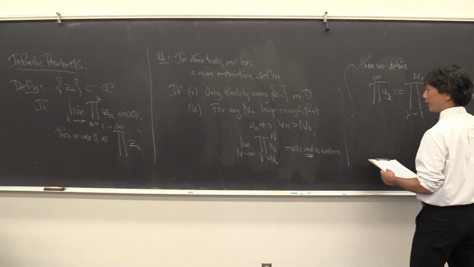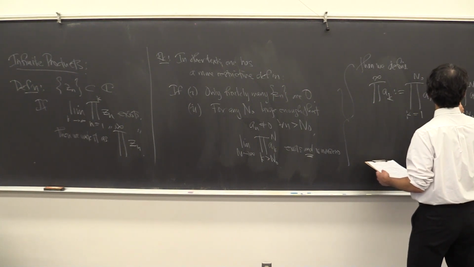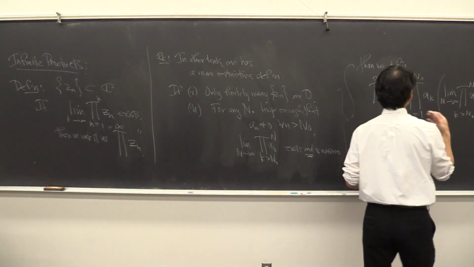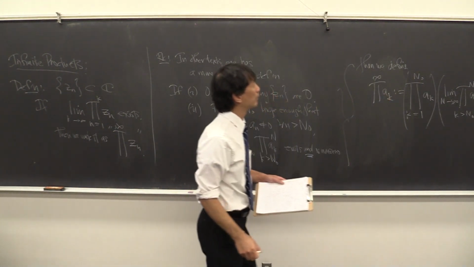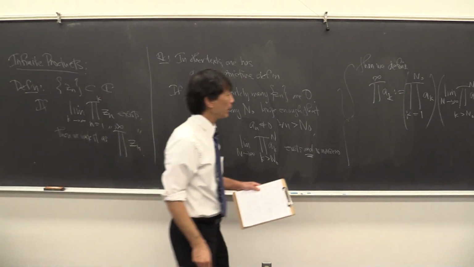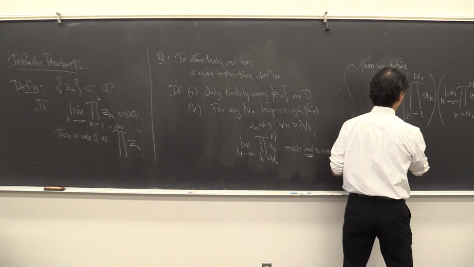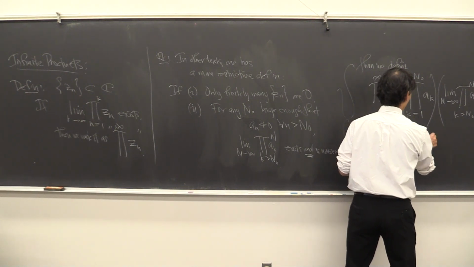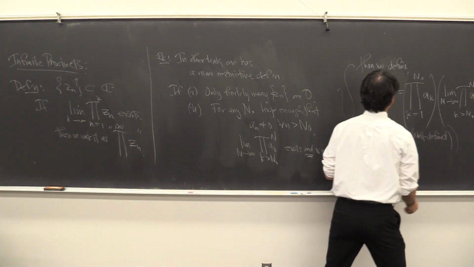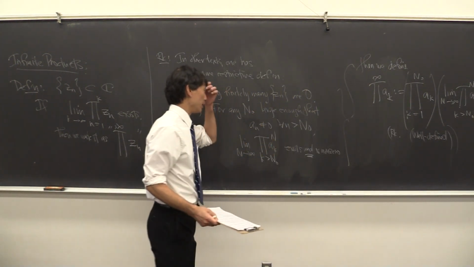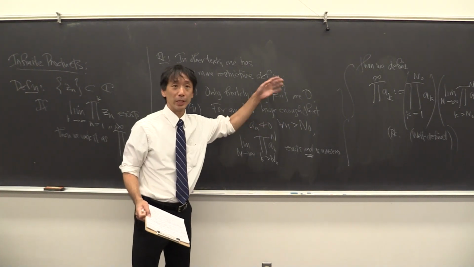That existing limit, that thing that we just said existed. Okay, and it's an easy exercise to see that this is well defined. That it doesn't depend on the n naught, right? You can take whatever n naught you choose, you're going to get the same number.